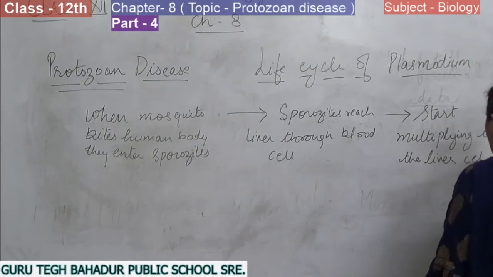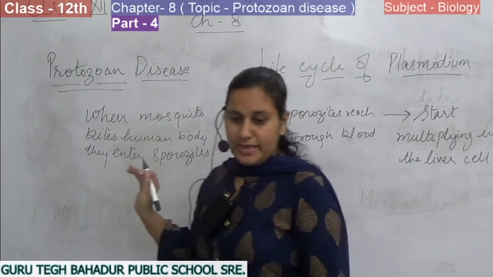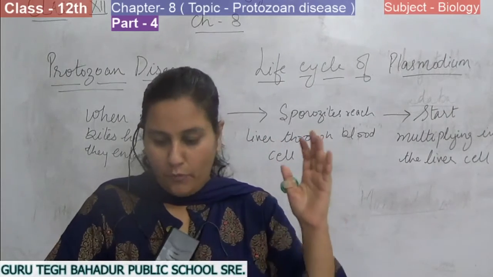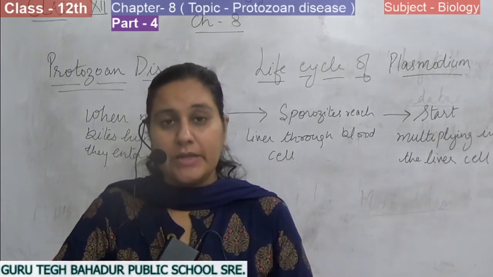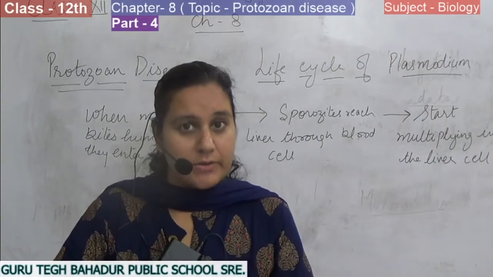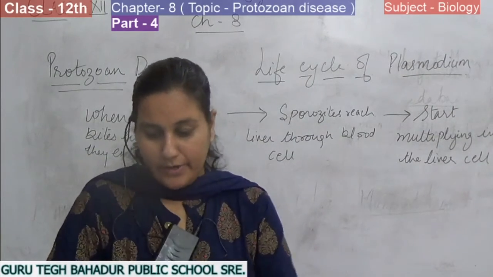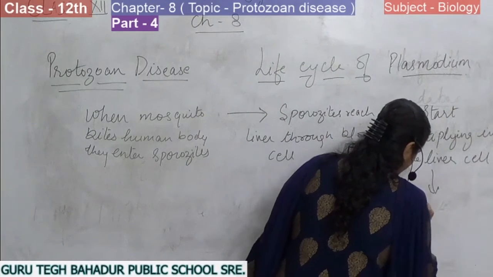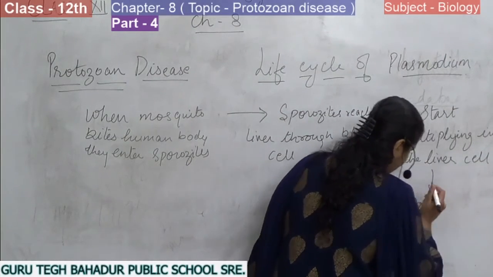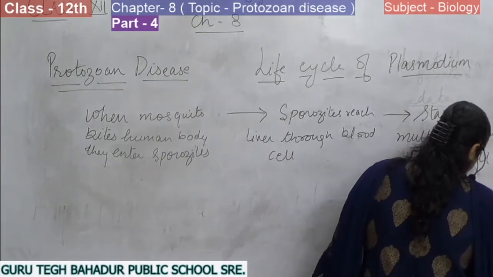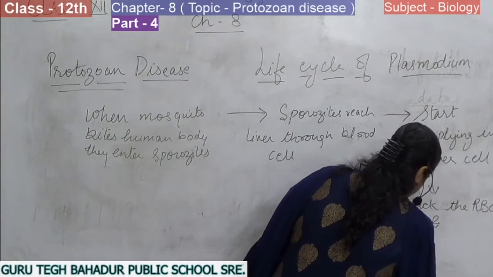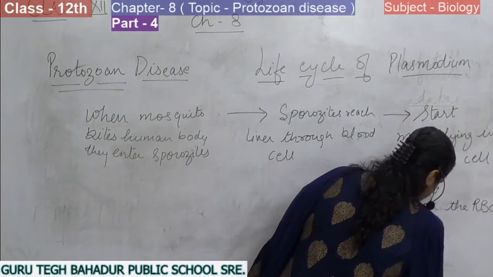Now after multiplying in the liver cell, these parasites start doing their work. What will they do? They start attacking the RBCs, that is the red blood cells, and rupture the RBCs. Now they are powerful, so they attack the RBCs.